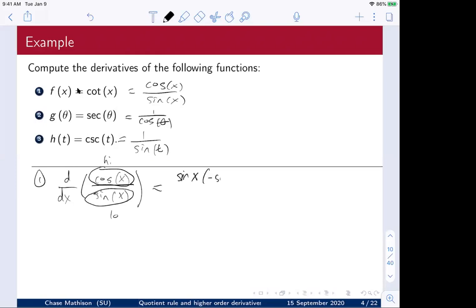Times negative sine of x, because that's the derivative of cosine of x. Okay, then minus, so there's low d high. What's next? Cosine of x, so there's high times. We did low d high, now we're doing minus high d low, right? So what's the derivative of sine of x? Cosine of x? Perfect, cosine of x.